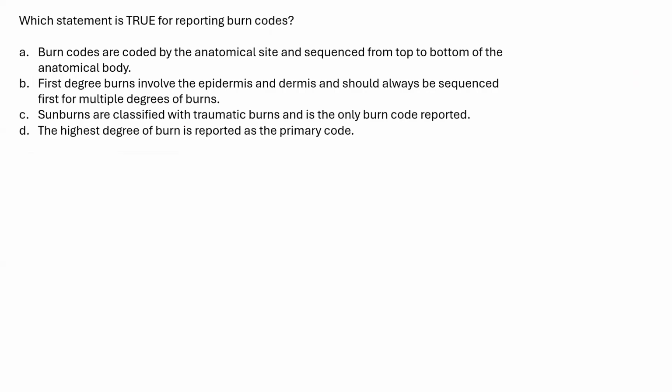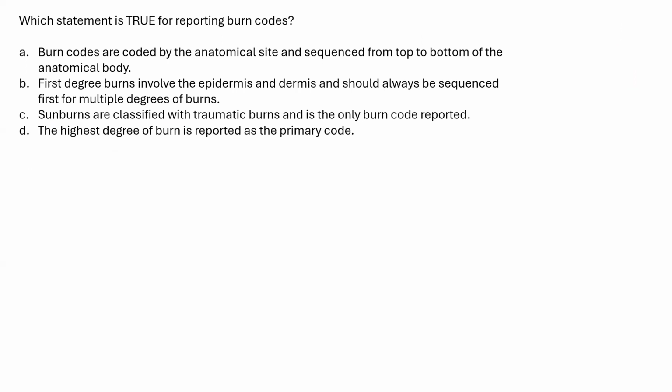Which statement is true for reporting burn codes? A, burn codes are coded by the anatomical site and sequenced from top to bottom of the anatomical body. B, first-degree burns involve the epidermis and dermis and should always be sequenced first for multiple burns.